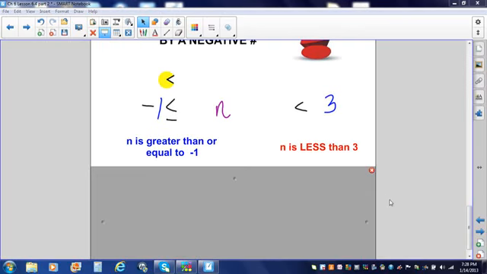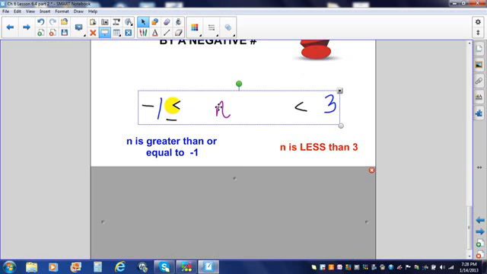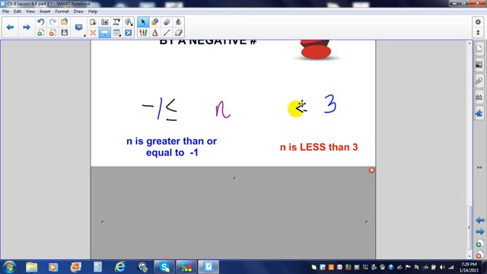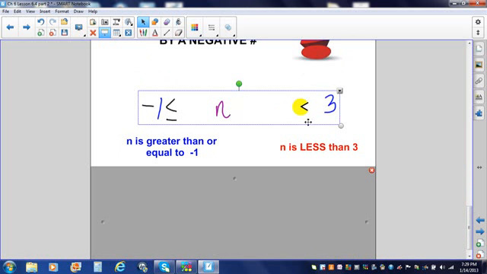So let's ask ourselves, what's going on with this inequality? Well, remember that Pac-Man eats the bigger number, so Pac-Man is eating the letter N. So this right here means N is greater than or equal to negative 1. Over here, Pac-Man is eating the bigger number, which is 3, so this means N is smaller than or less than 3.